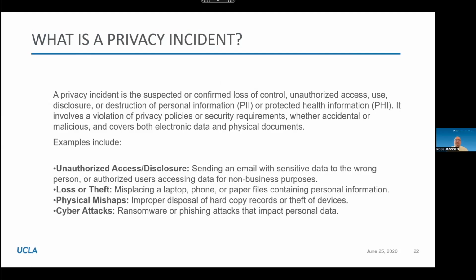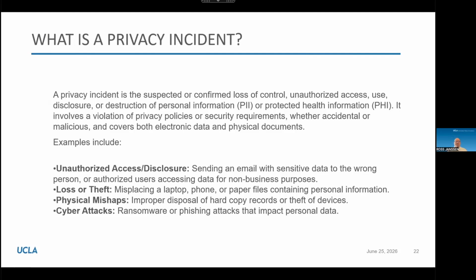A privacy incident is a little bit different. It's a suspected or confirmed loss of control, unauthorized access, use, disclosure, or destruction of personal information that's identifiable, or protected health information, which is PHI. It involves a violation of privacy policies or security requirements, whether accidental or malicious, and covers both electronic data and physical documents.